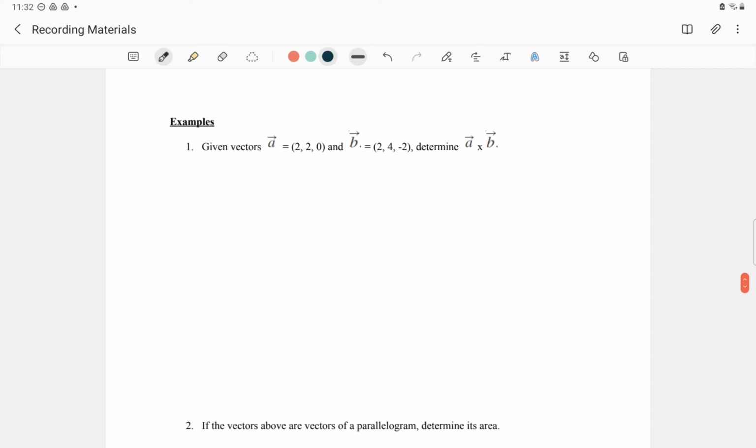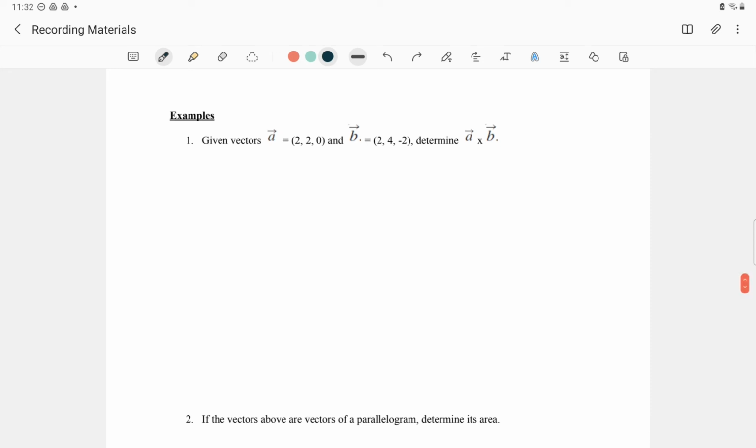Given vector A (2, 2, 0) and vector B (2, 4, negative 2), determine the cross product between vector A and vector B. The formula for cross product is as follows. The first thing that you have to do is to put it like this, equals to positive.